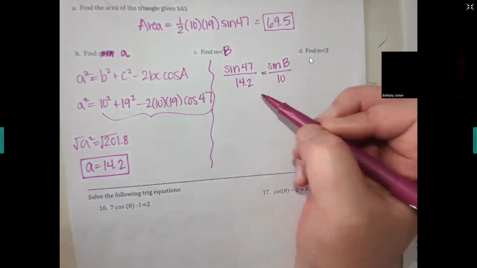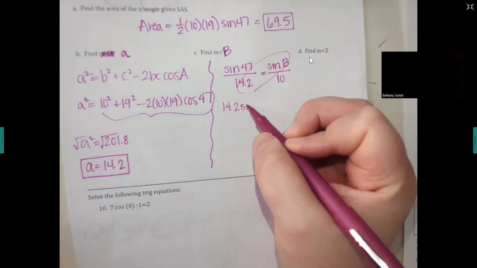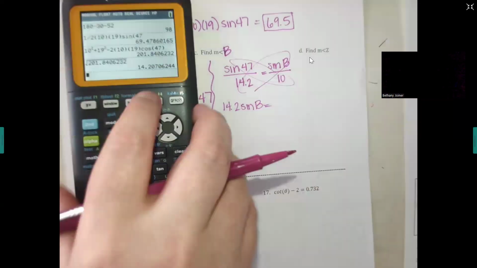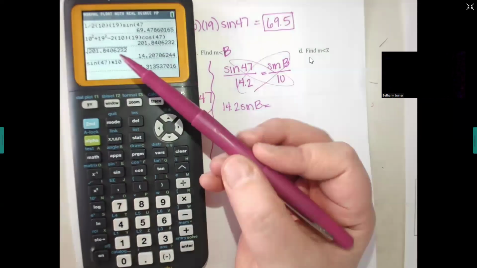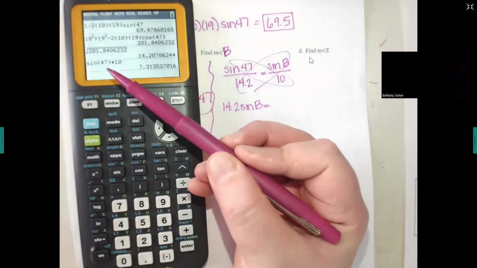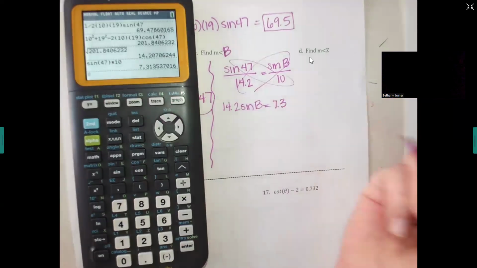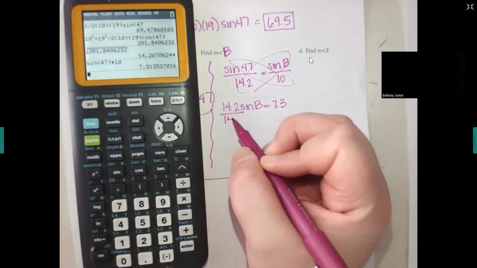So we would do 14.2 times sine B, just leave that alone. And then sine 47 times 10, we're putting that into the calculator. Make sure you close that parentheses if you type the sine 47 first. So I got 7.3. What's my next step with the 14? Divide it.